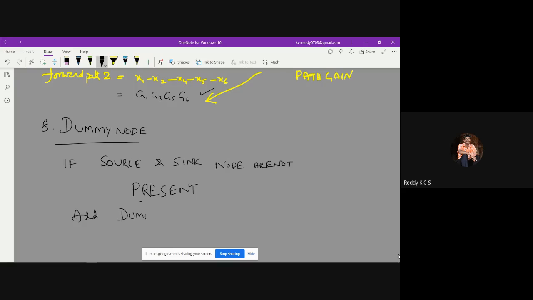We can add a dummy node, means, for example, a node which has only incoming branches is called a sink node, right? So if you look at this node x1, node x2, and node x3, node x1 is not called a source node because we have defined the source node as only having outgoing branches.